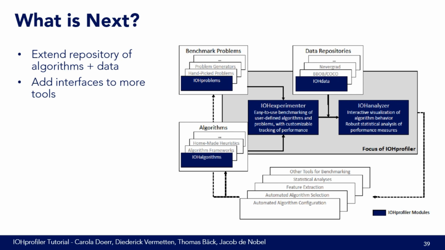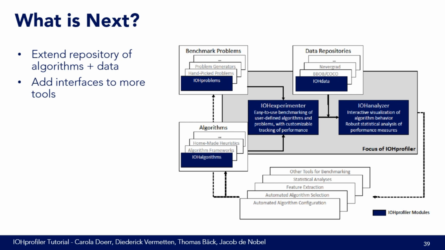So interfaces between tools is one thing that we really want to focus on. So if you have a tool that you think would be cool to make work together with one of the modules of IOH Profiler, we're always happy to hear about this.